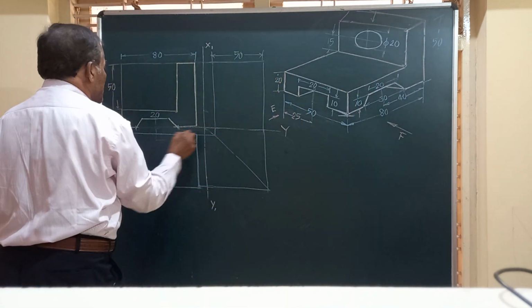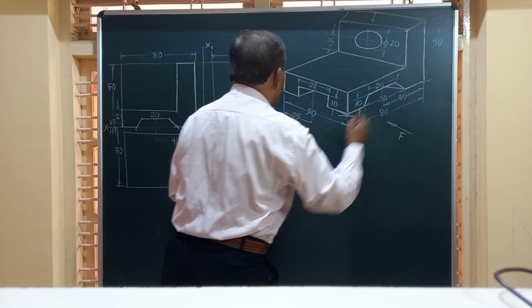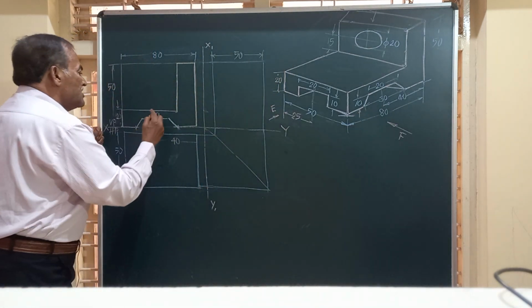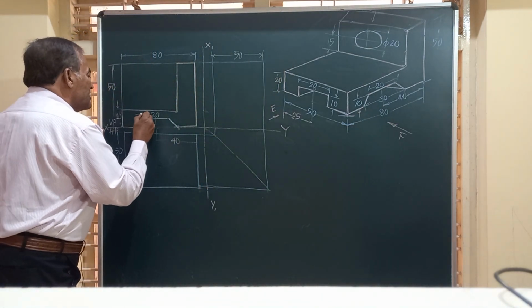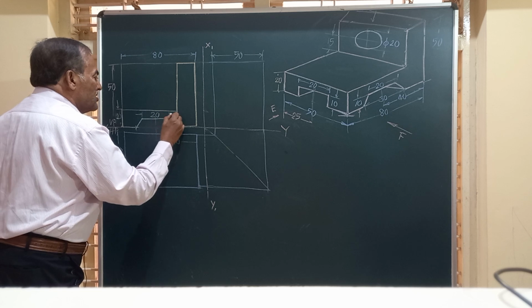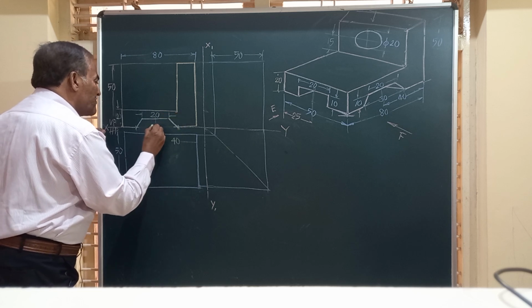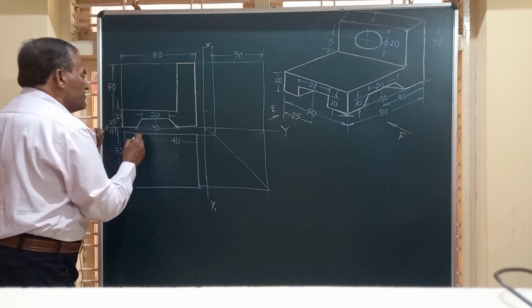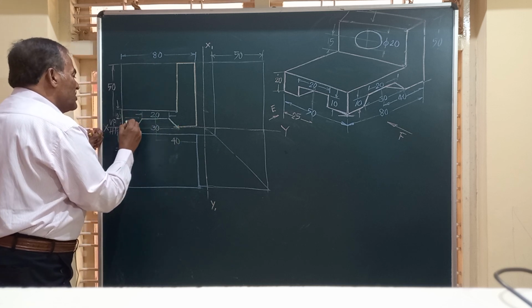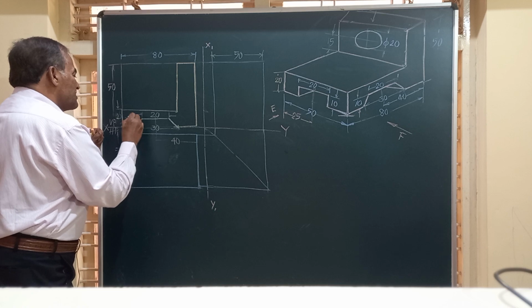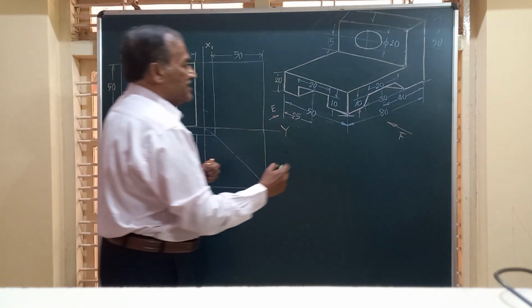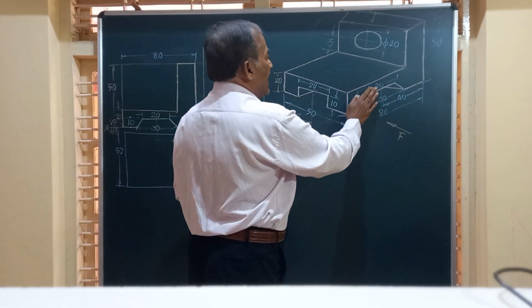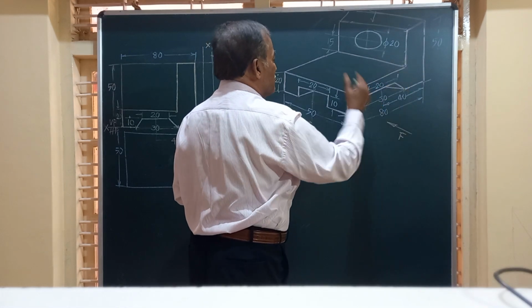Then I have made this slot exactly in the center. This is 15 millimeter, that is 20 millimeter, and this is 30 mm at the base. It is a trapezoidal slot. And this height is equal to 10 mm, that you can see there. This is 10 millimeter height. Friends, I have completed all this part.